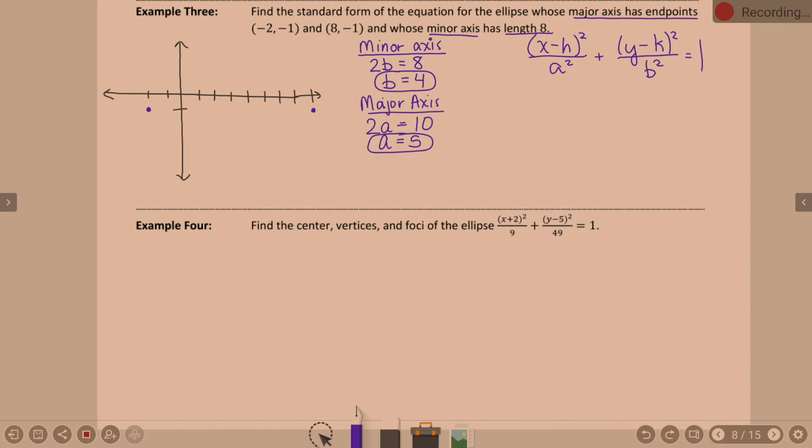Did they give you the word vertices? No, but when we talk about major axis endpoints, those are vertices they gave you. So just so you're aware, those are vertices at -2, -1, and 8, -1. I want to make that point that we have that vocab.